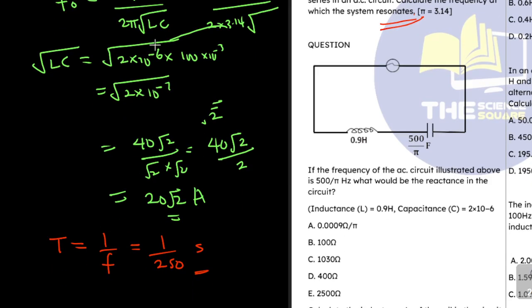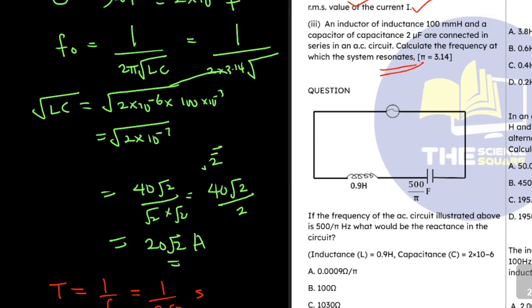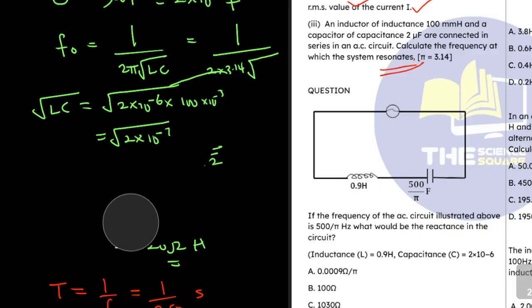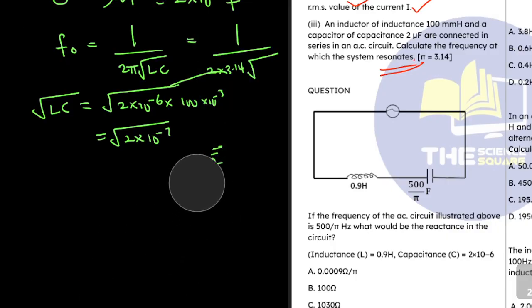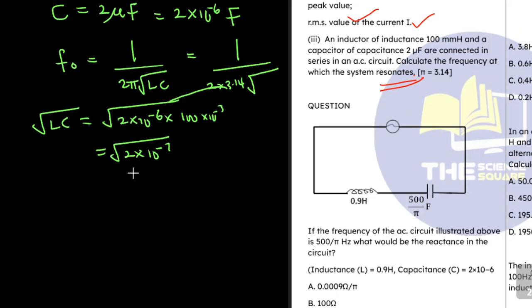Let me erase this. So with that, if you substitute everything, you see that you get your f naught to be 356.061, or 062, which if you approximate, you get 356.